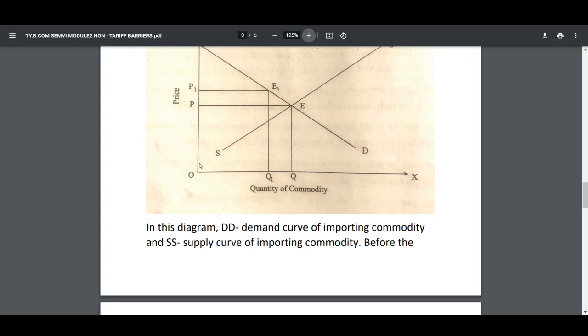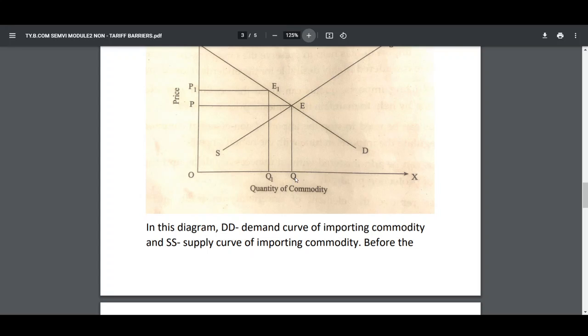So previously the price was OP before the imposition of quota. Equilibrium point is E. The demand and supply curves are intersecting at point E and the quantity imported was OQ. But after the imposition of quotas, what happened to the quantity imported?